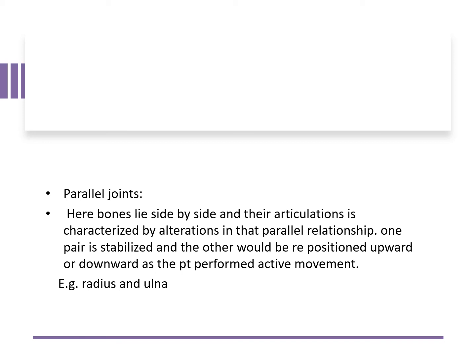That is what active movement means in Mulligan's concept. The same painful movement the patient should repeat while the therapist gives glides. Okay, I hope this is clear. This was about parallel joints. So we have covered hinge, we have covered parallel joints.